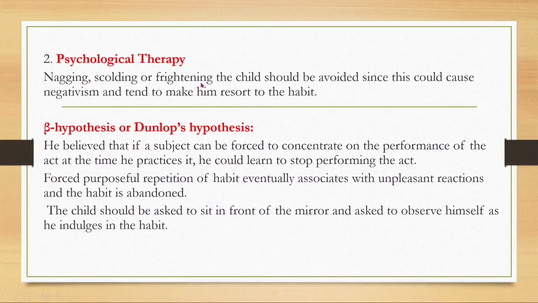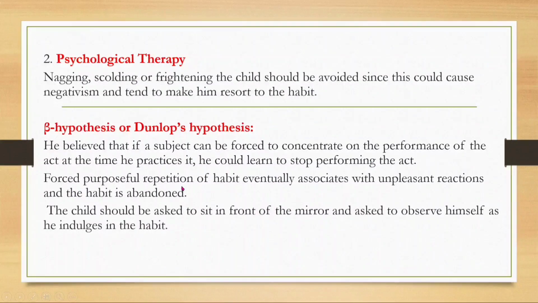In psychological therapy, nagging, scolding or frightening the child should be avoided since this could cause negativism. The Beta hypothesis, or Dunlop's hypothesis, says that if a subject can be forced to concentrate on the performance of an act at the time he practices it, he could learn to stop performing the act.